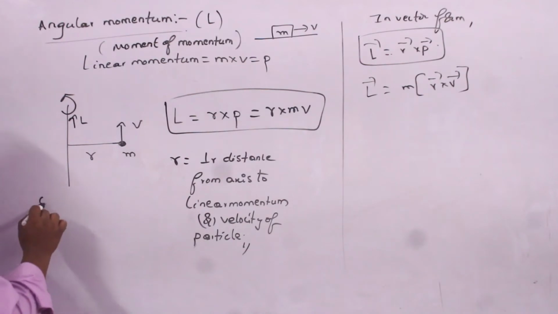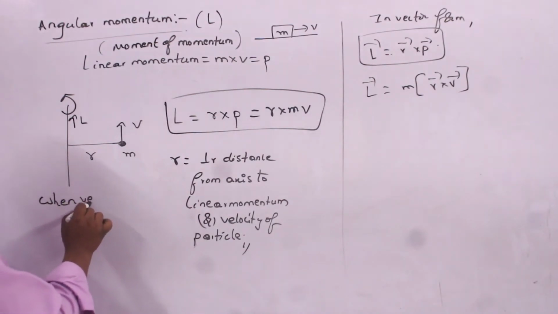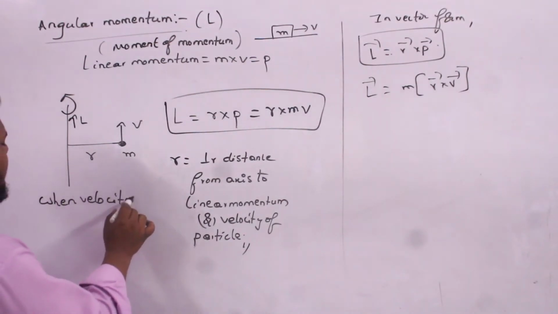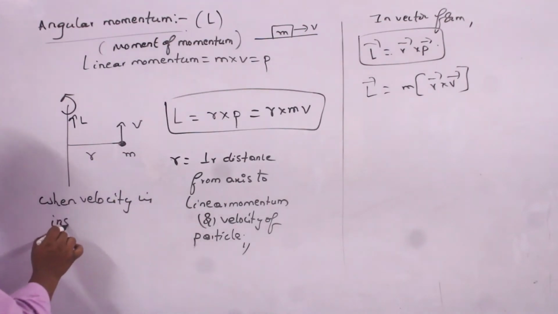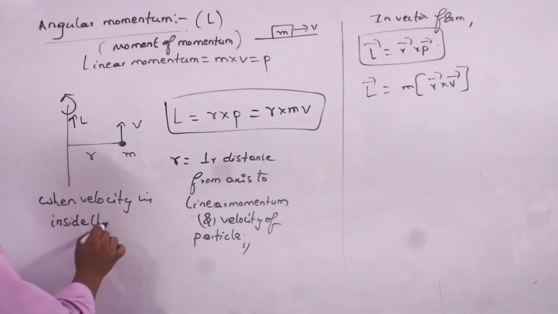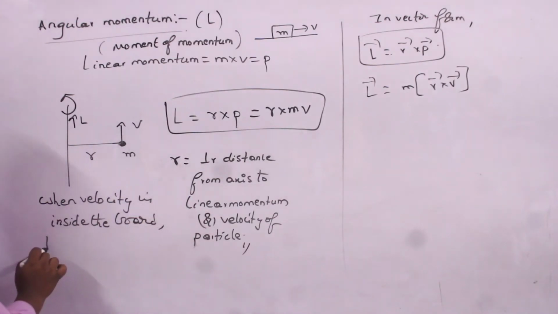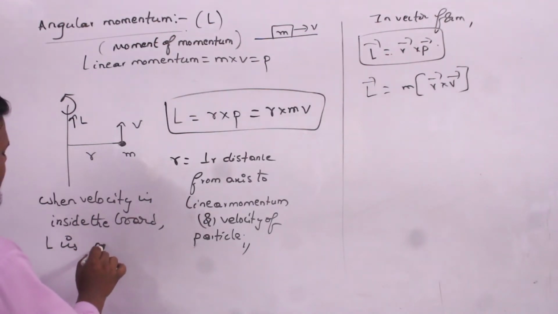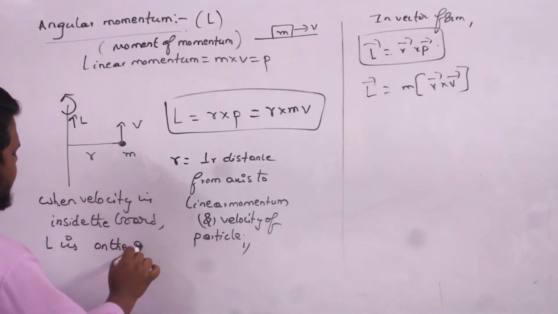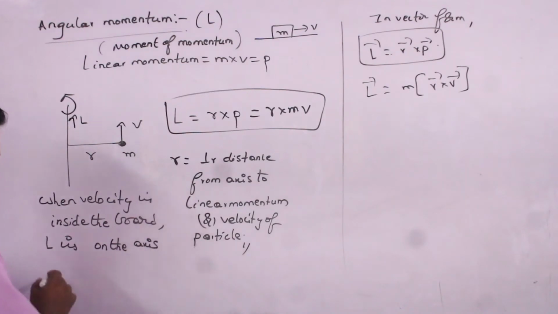So when velocity is inside the board, angular momentum is on the axis towards the upwards direction.